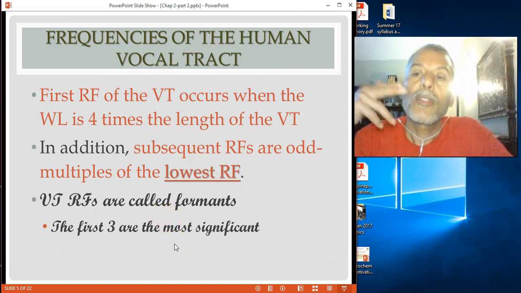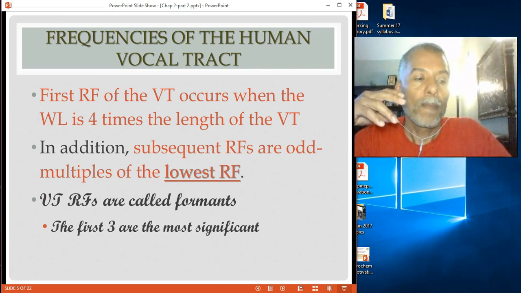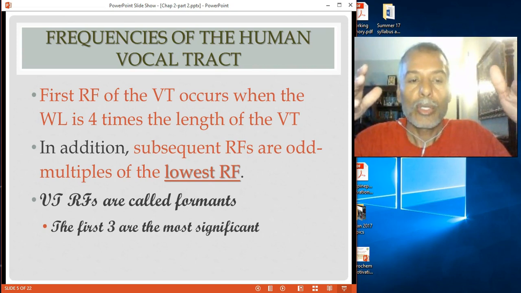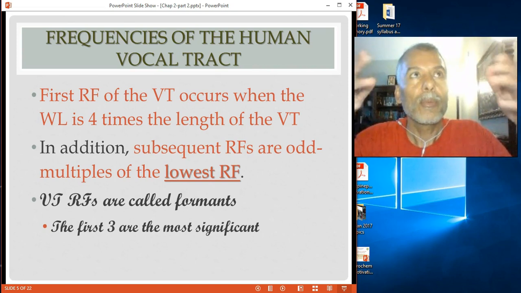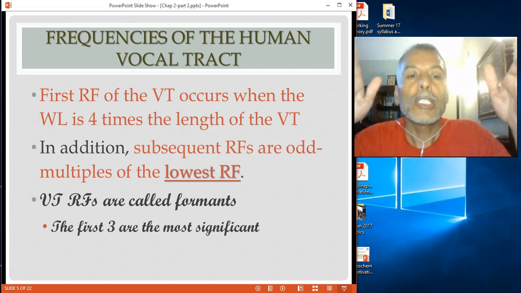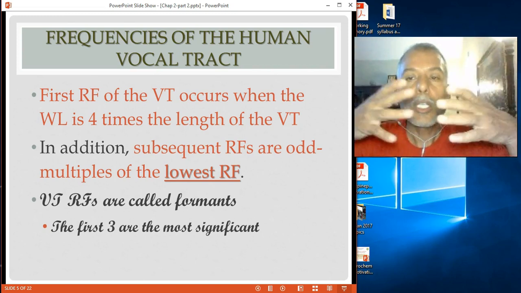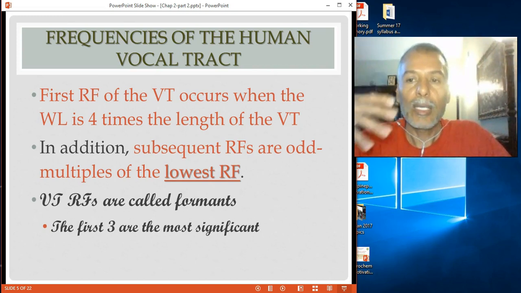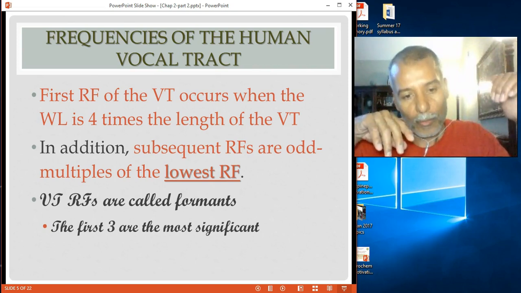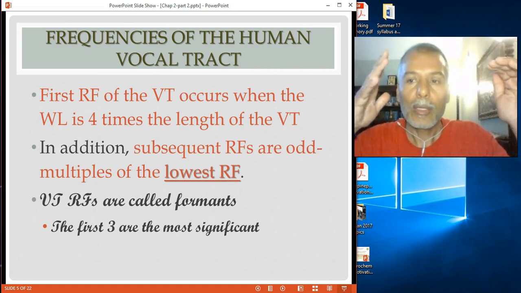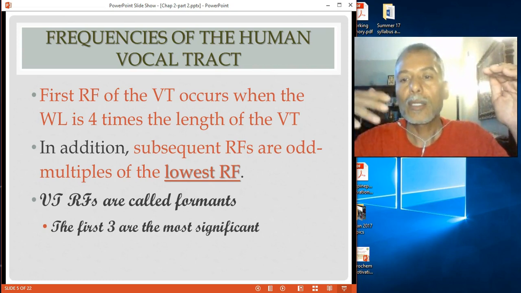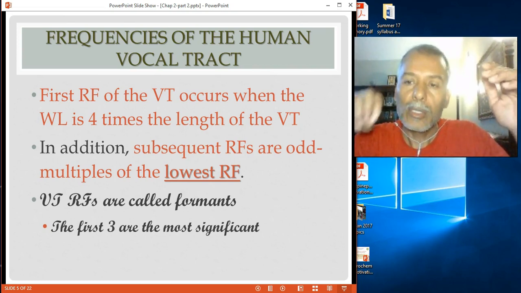Because it's a broadly tuned resonator, it can amplify up to 40 formants. That's a huge number, because again, it is broadly tuned. The first formant is the loudest of all, and then the second is a little bit less. As you keep going, they become less and less until the sound just dies down.